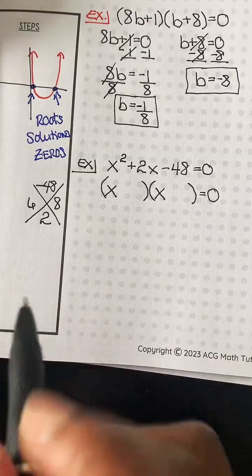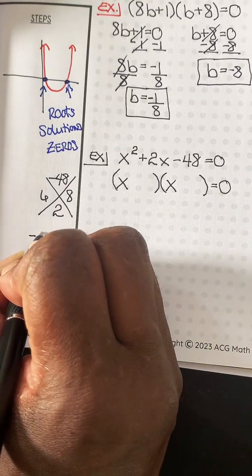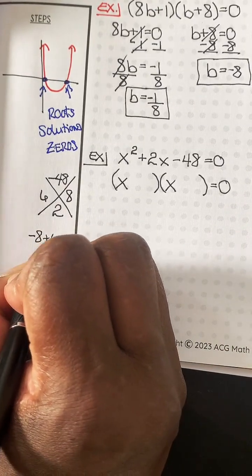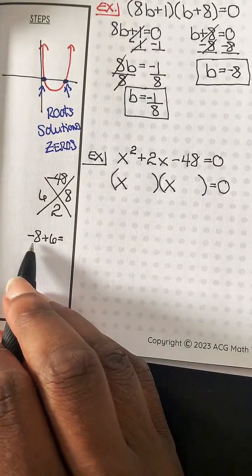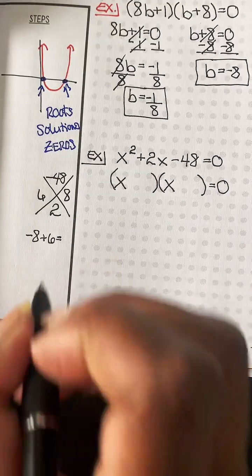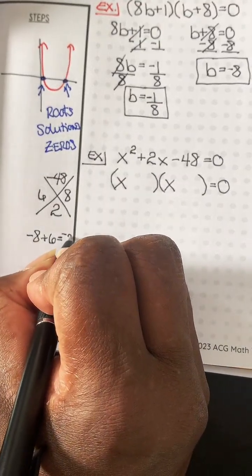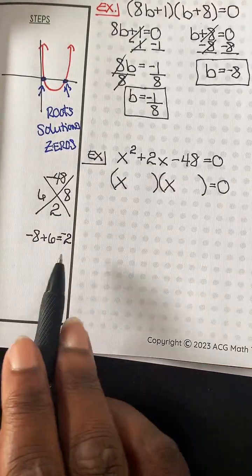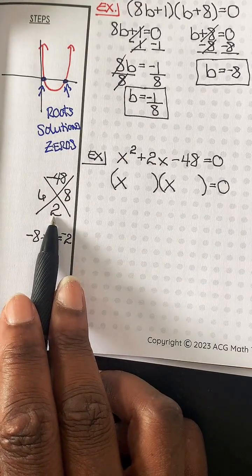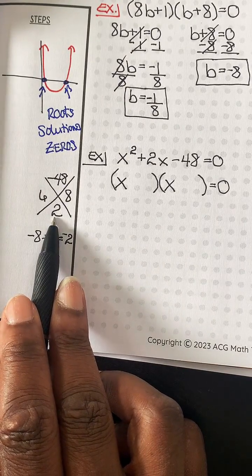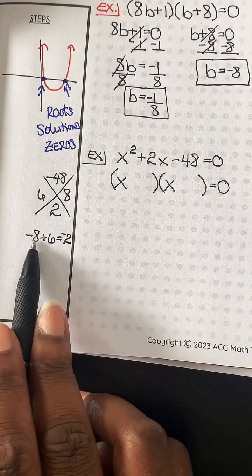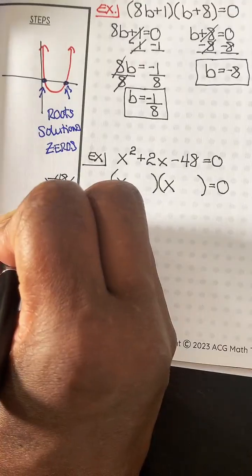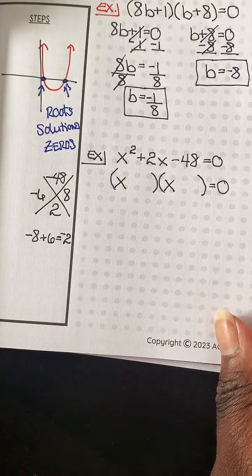If I make the 8 negative, so -8 plus 6, if you owe me $8 and you paid me 6, you still owe me $2. So that's a -2. We don't want a -2, we want a positive 2. So we don't want to make the 8 negative, we want to make the 6 negative.